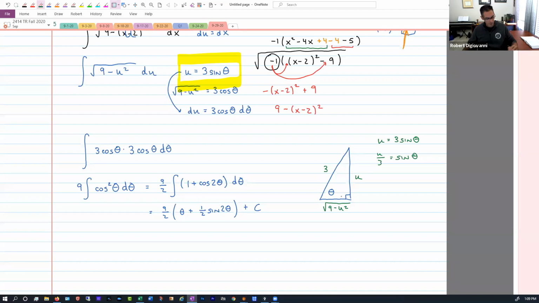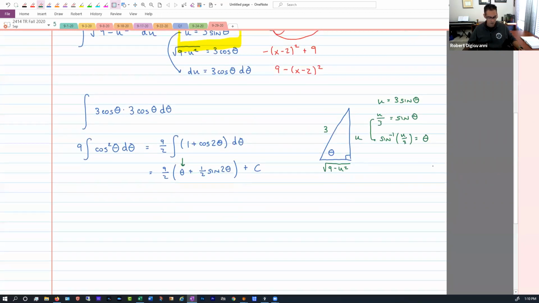Okay, notice we are going to need to know what theta is. So to get theta, I just take this equation here and I take arc sine on both sides. When I take arc sine of the right side, I just get theta. So again, that's something that we've done before.